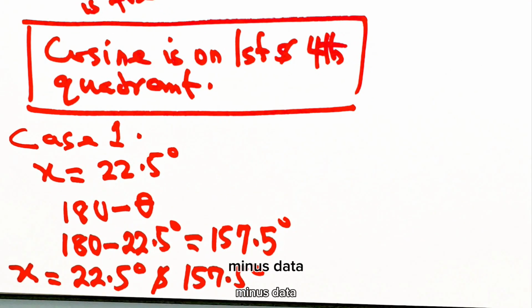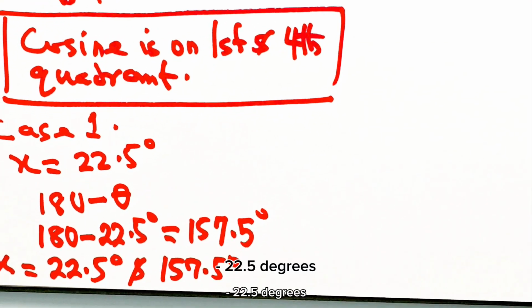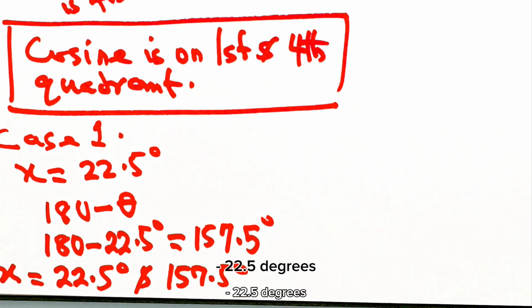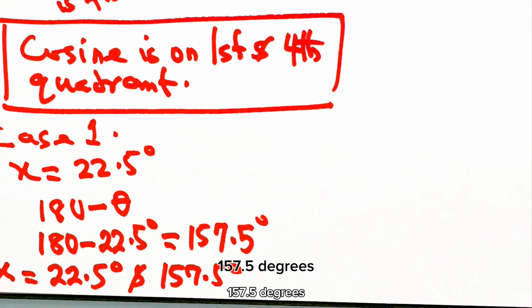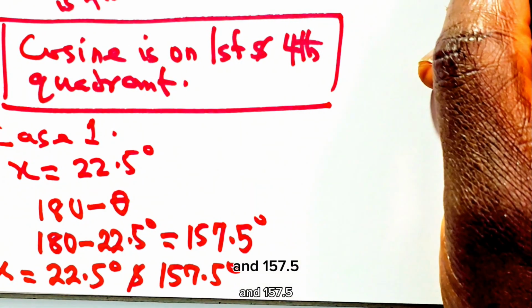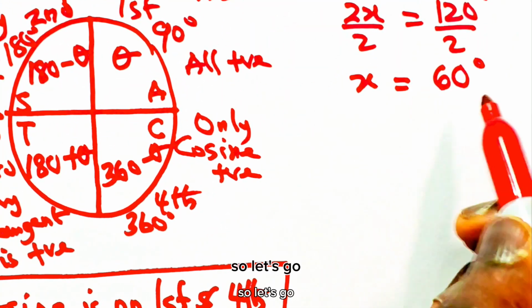So let's go into case 2. Under case 2, we already know also that cosine is in the first and the fourth quadrant, but based on the condition that we have been given that x is less than or equal to 180 degrees, we're going to be restricted to the second quadrant. So we know that in the first quadrant, x is equal to 60 degrees.